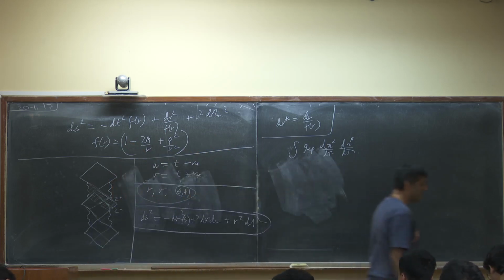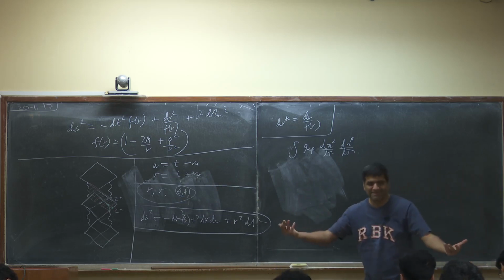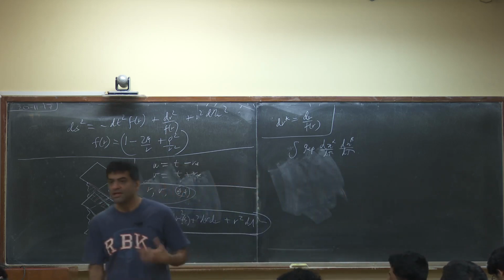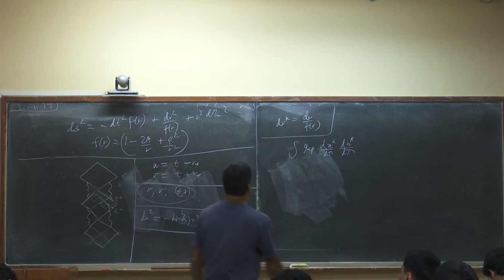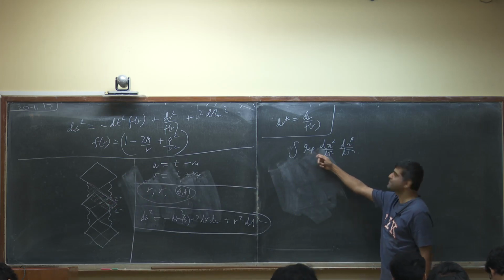Whenever you have a Lagrangian independent of one of your coordinates, the momentum conjugate to that coordinate is constant. So let's immediately compute the momentum conjugate to v. It's just the derivative of this Lagrangian with respect to v dot.